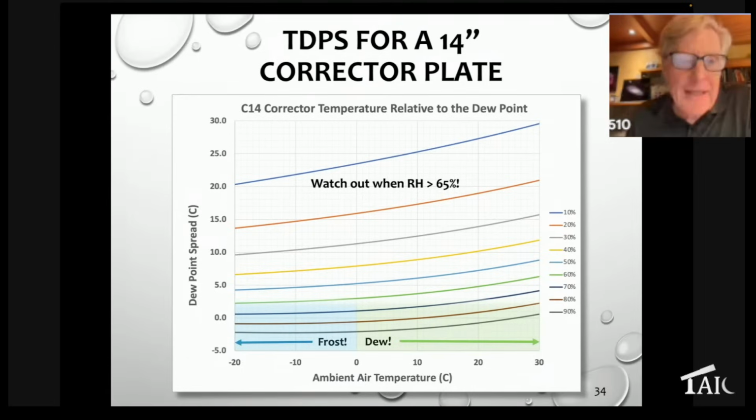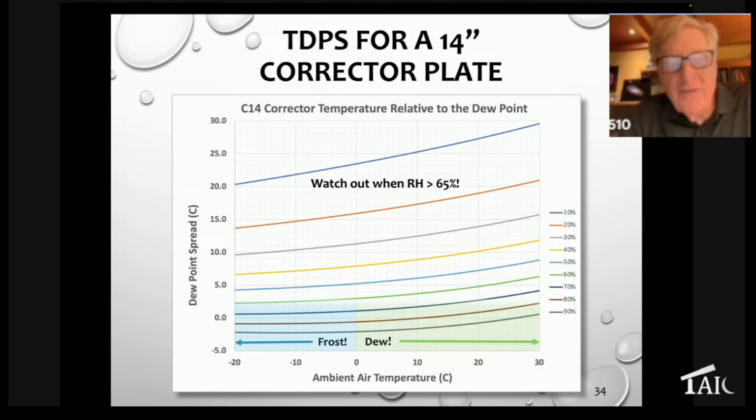So if we were to plot that again in a different way, take that 14-inch corrector plate and plot that temperature dew point spread for that thing, we can actually see when dew will appear. And again, we've got to remember that 3-degree uncertainty range here. This shows that when the relative humidity is greater than about 65%, you stand a pretty good chance of dropping the temperature of that corrector plate right into the dew zone.